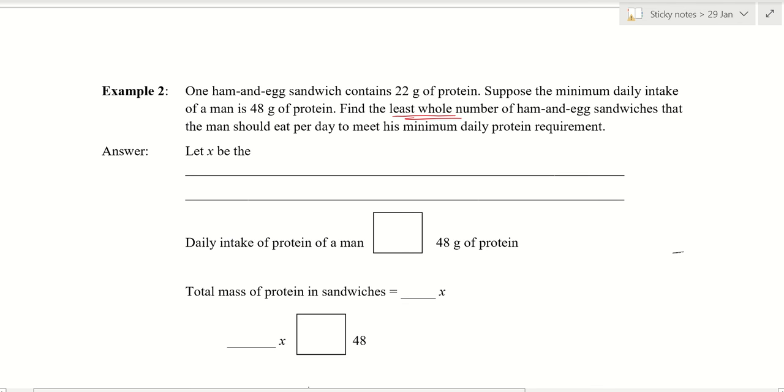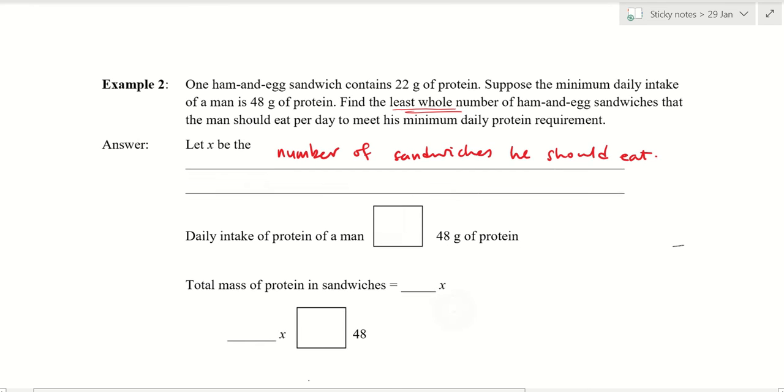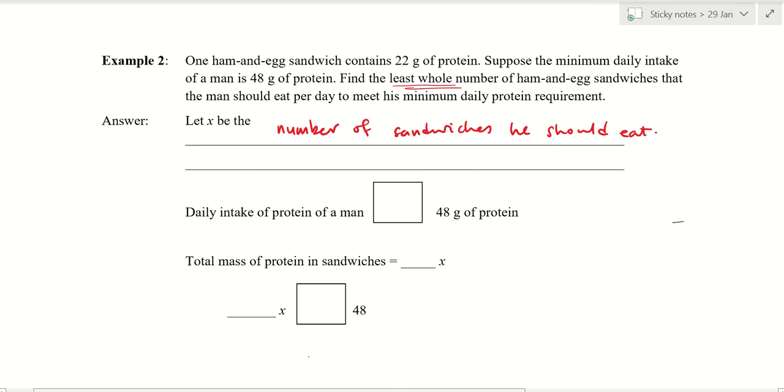So since they want us to find the number of sandwiches, we let x be the number of sandwiches he should eat. Okay, so the daily intake of protein for a man, from the question, it says that it should be greater than or equal to 48 grams.